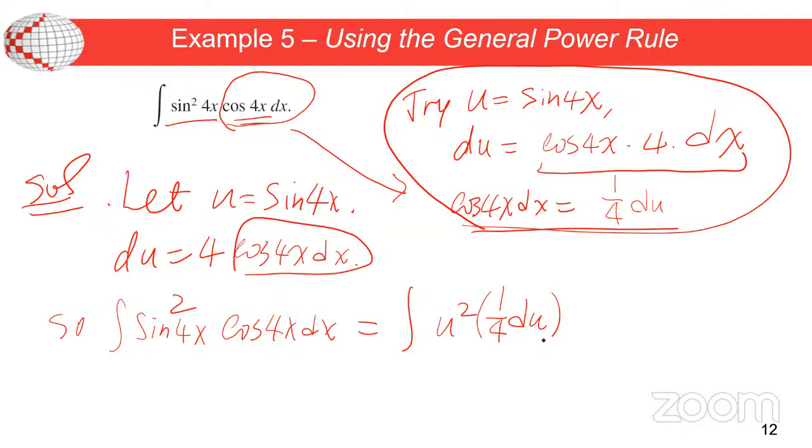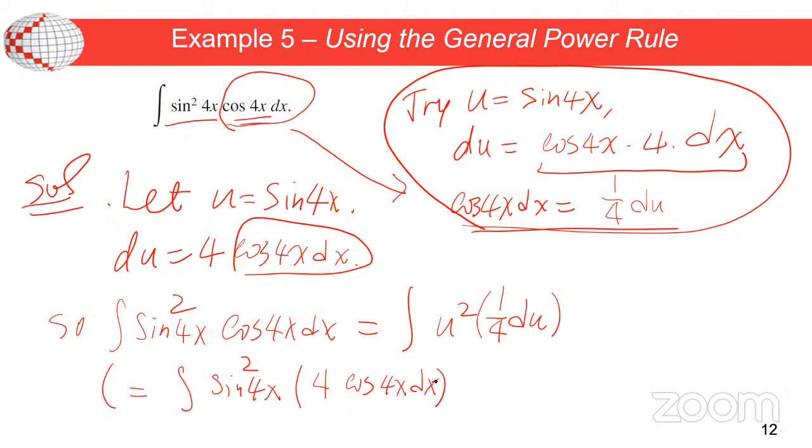Okay. And some people use another way, which I also like, which is this. So here you can rewrite this as sine 4x squared. Now, because du is 4 times cosine 4x dx, you can put a 4 here to make it du.